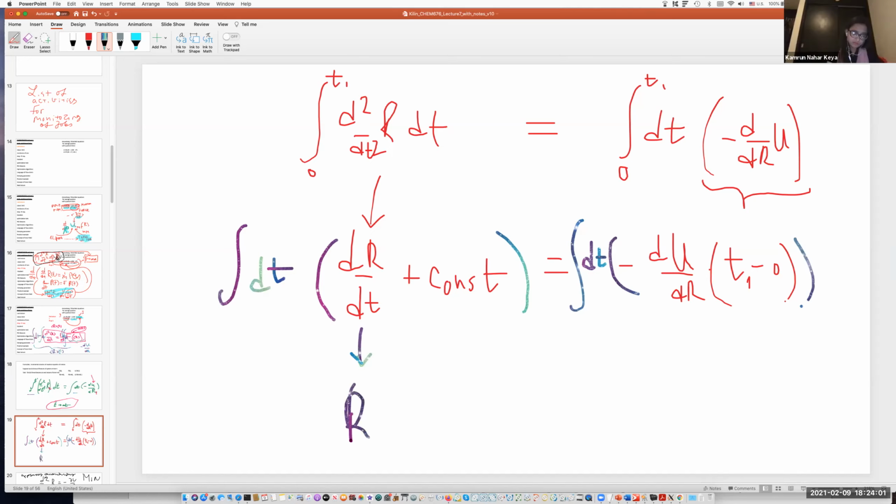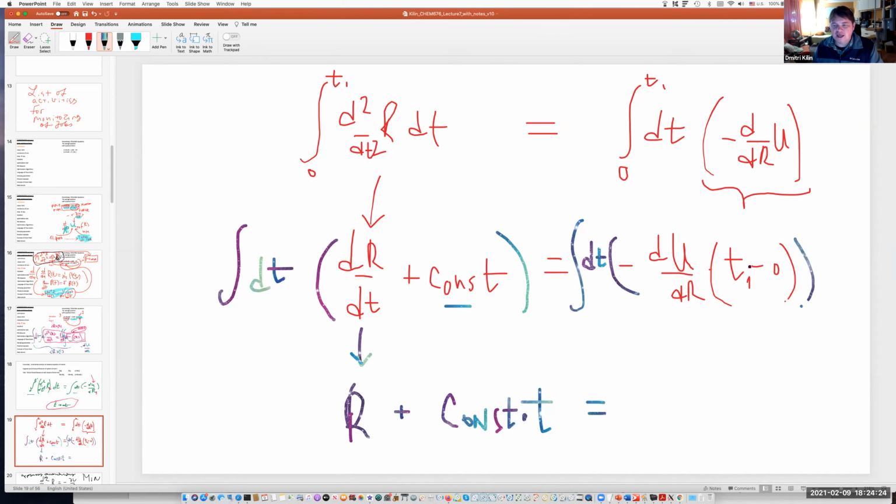What would happen to the constant? You'll get a t. Constant times t. Or if I want to be really meticulous, let's put it t by now.